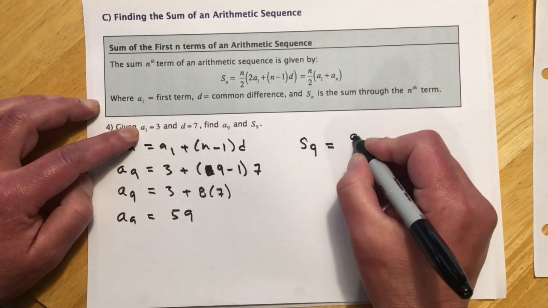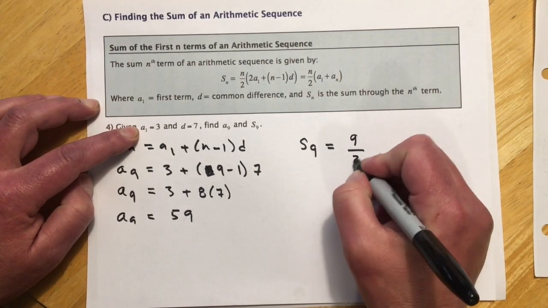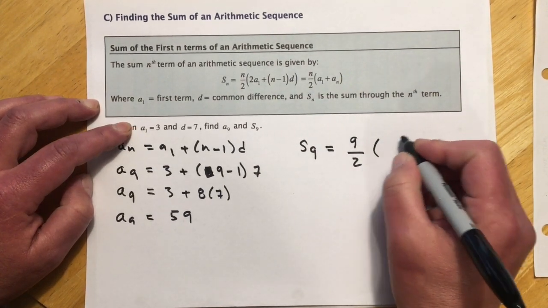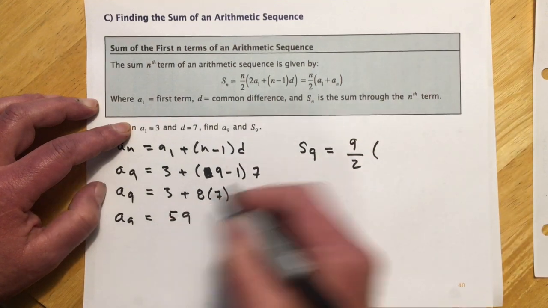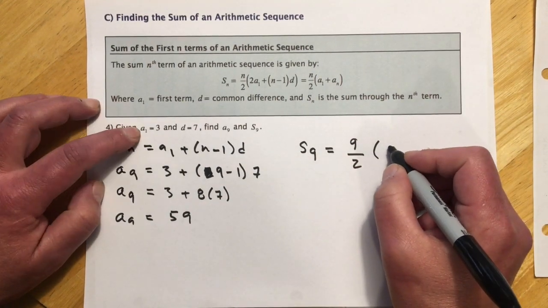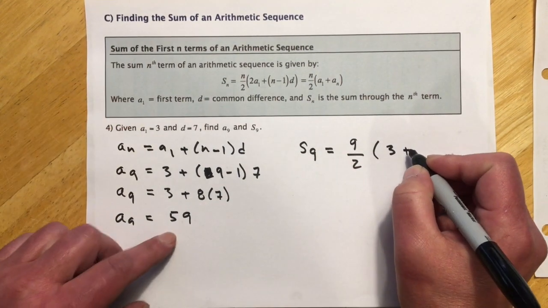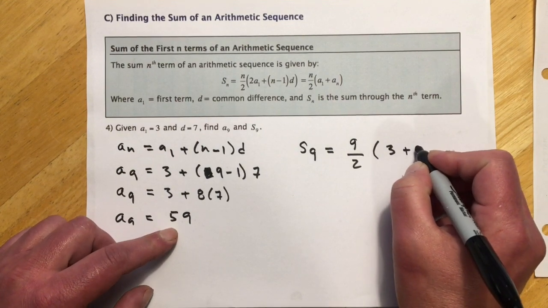So we have 9 for n over 2, and then it's the first term plus the term we're interested in, the ninth term. The first term again was 3, and back here we found our ninth term was 59.